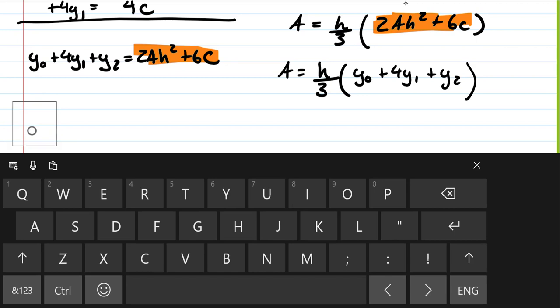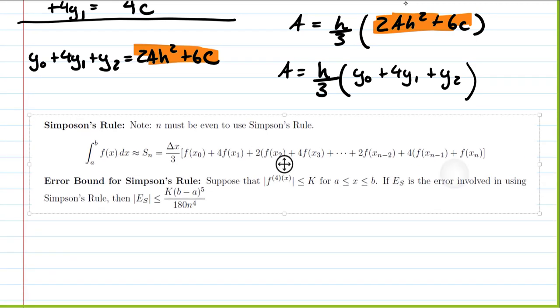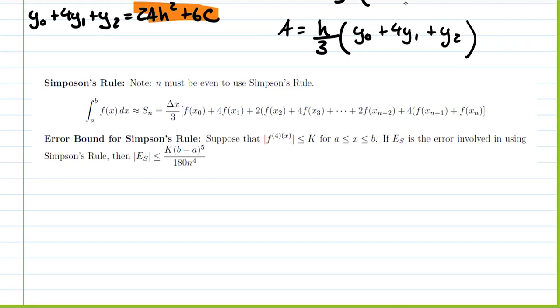So Simpson's rule gives us this pattern of 1, 4, 1. But when we look at Simpson's rule actually, we have our delta x over 3, that's this. The rule starts out 1, but then it goes 4, 2, 4, 2, 4, 2, 4, 2. That's because when we group up these points, y0, y1, and y2, the next group is going to be y2, y3, and y4.